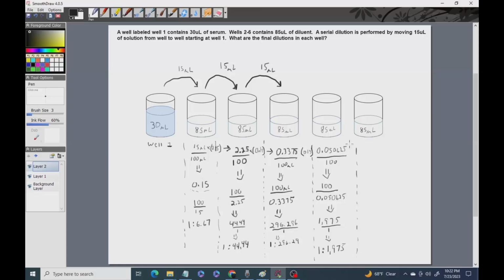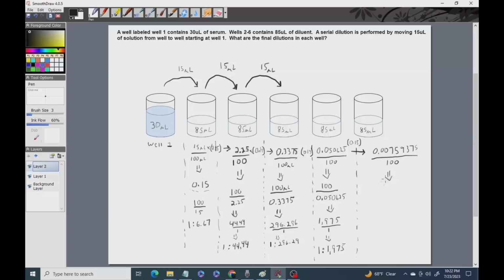Let's take this madness one more step, and let's multiply by yet another multiplier of 0.15. If we multiply 0.050625 times 0.15, we would get an even smaller number, which is 0.00759375 out of 100.